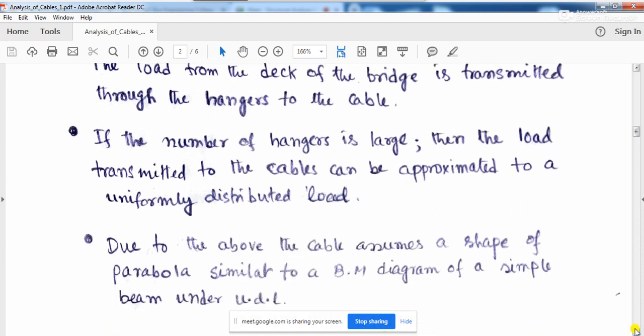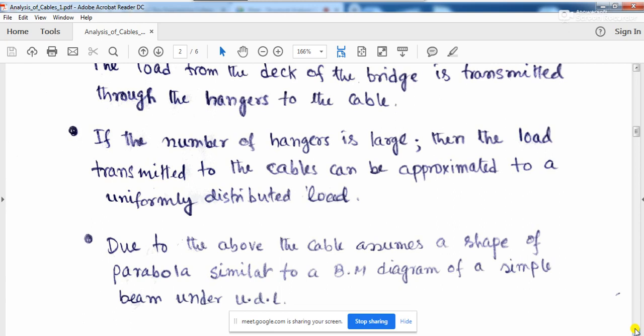With very closely spaced hangers, a very small length of deck weight is transmitted through each hanger to the cable. So you can approximate closely spaced hangers as a UDL, just like what you see in case of a beam or an arch.